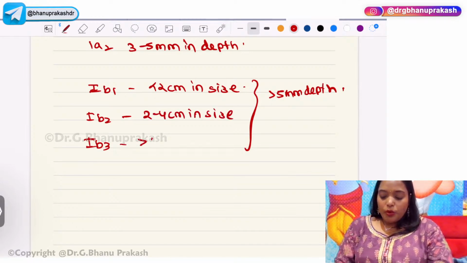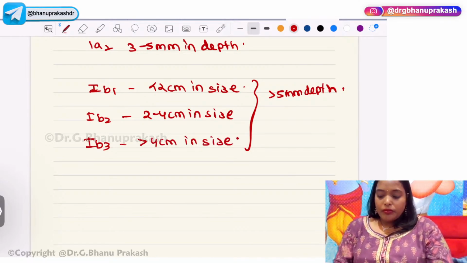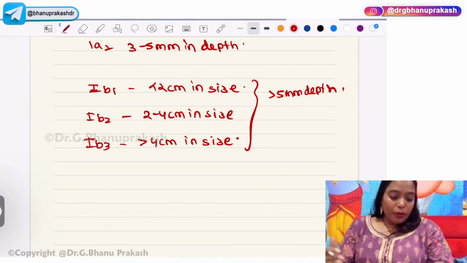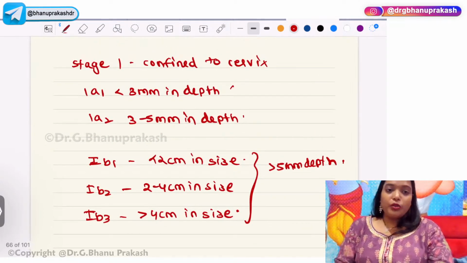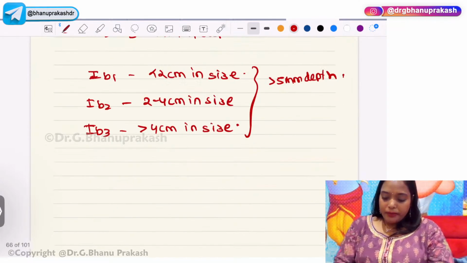And 1B3 is more than 4 centimeters in size. All these are more than 5 mm in depth. So stage 1 is completely confined to cervix.